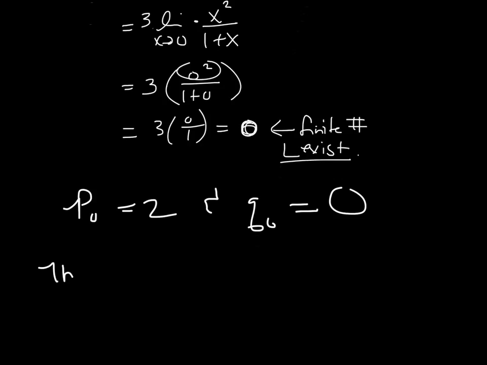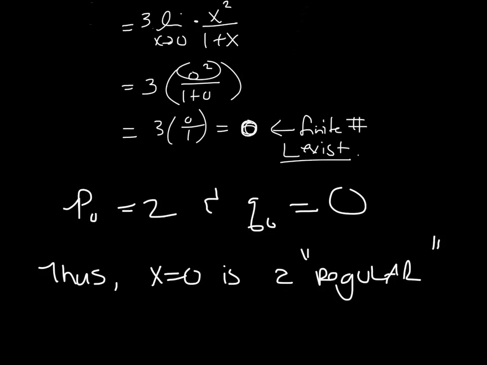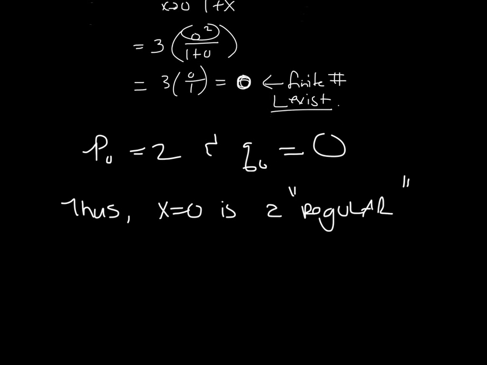is a regular singular point, because we're talking about singularities, and there are special types of singularities, regular and irregular. And that's pretty much it for this part.